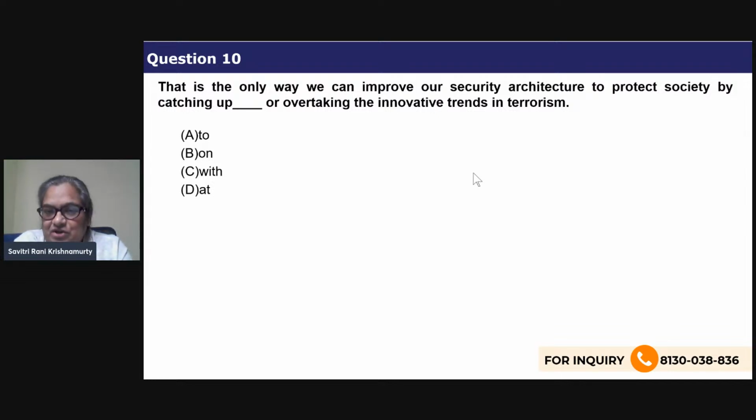We can improve our security architecture to protect society by catching up dash or overtaking the innovative trends in terrorism. So the terrorists are really, every time there's a new technology, it reaches the terrorists first. So this is the only way one can really keep pace with what the terrorists are doing.